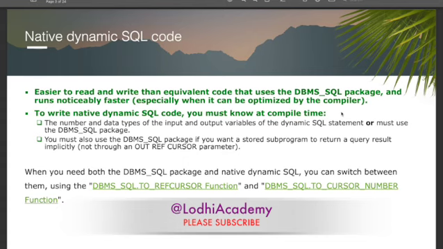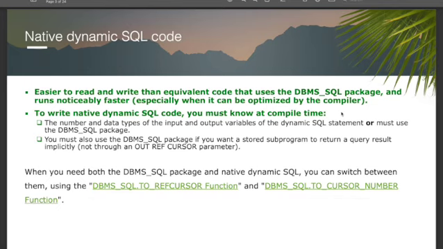If you do not know this information at compile time, you must use the DBMS_SQL package. You must also use the DBMS_SQL package if you want a stored subprogram to return a query result implicitly, not through an OUT REF CURSOR parameter.